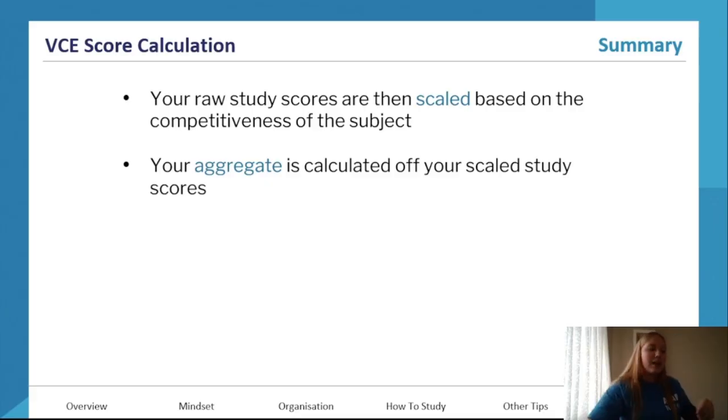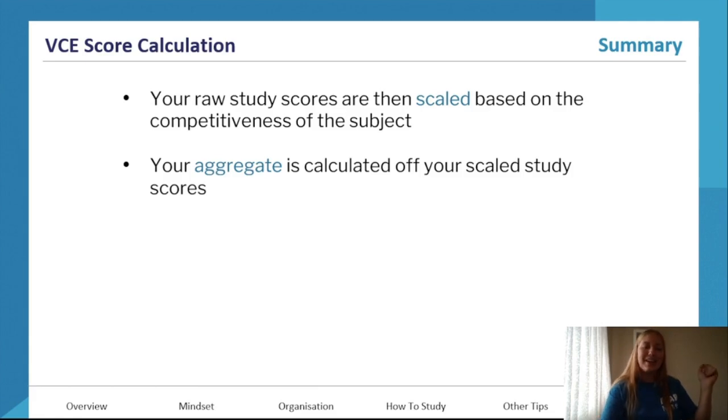Like if your fifth worst subject contributed 10% versus you had two subjects contributing 10%, you can imagine which option is better. If you had two subjects you did a bit worse in, one of them is likely still going to be higher than the other, and it helps your ATAR score just a little bit by helping your aggregate.